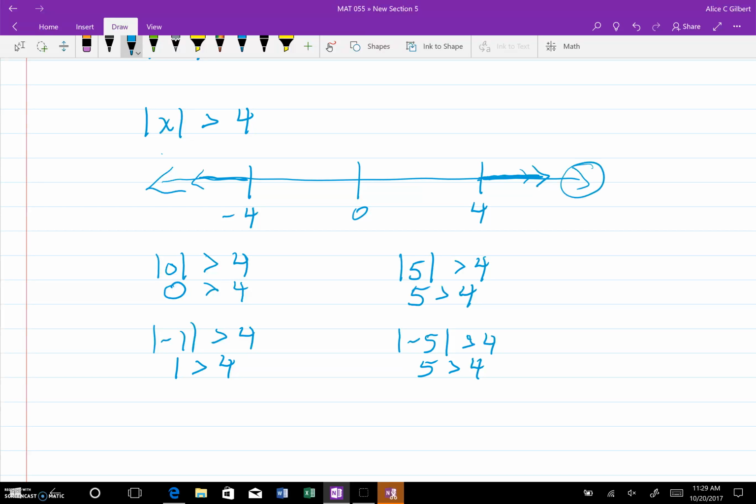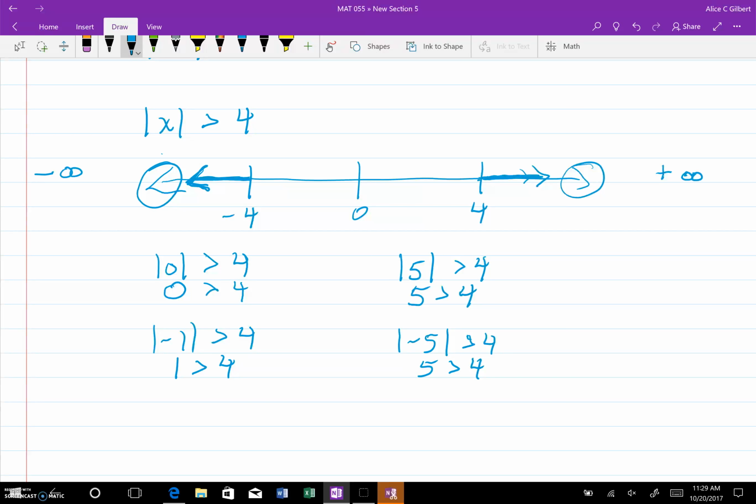This arrow means positive infinity. And I'm sorry, I can't draw infinity, so I just do a double zero hooked together. And this one on the other side is going in this direction forever until we get to negative infinity.